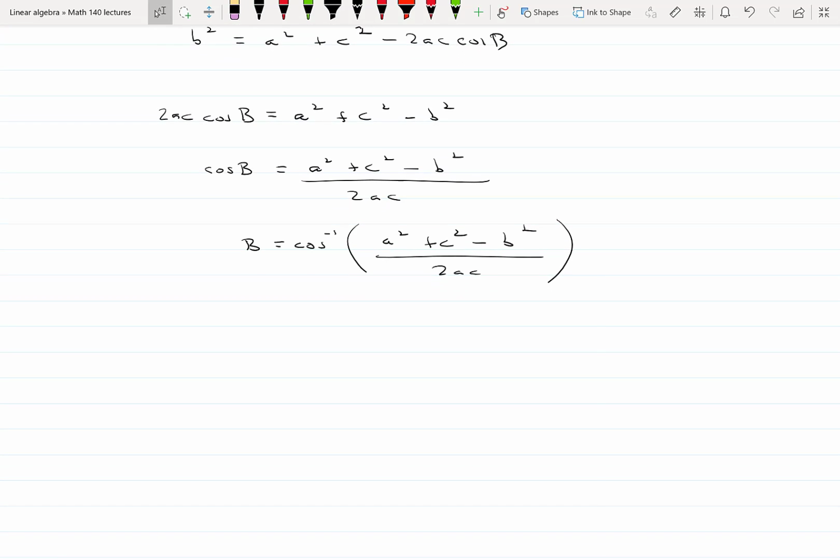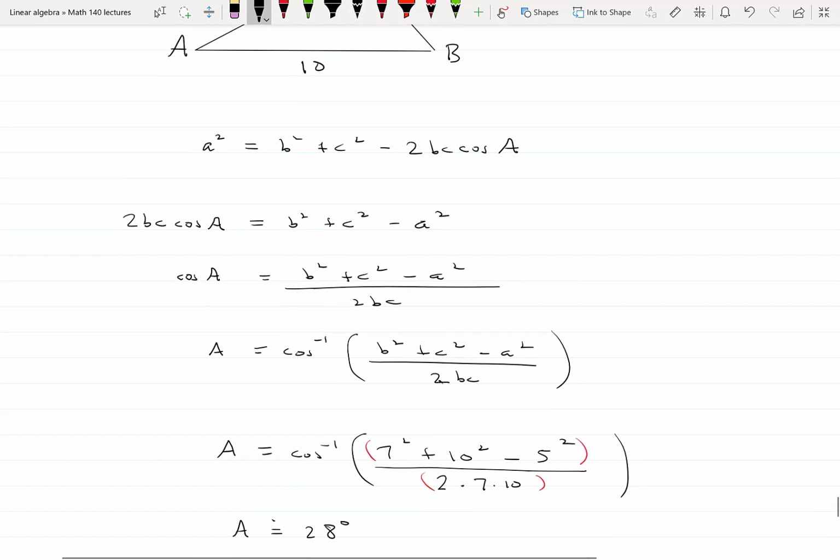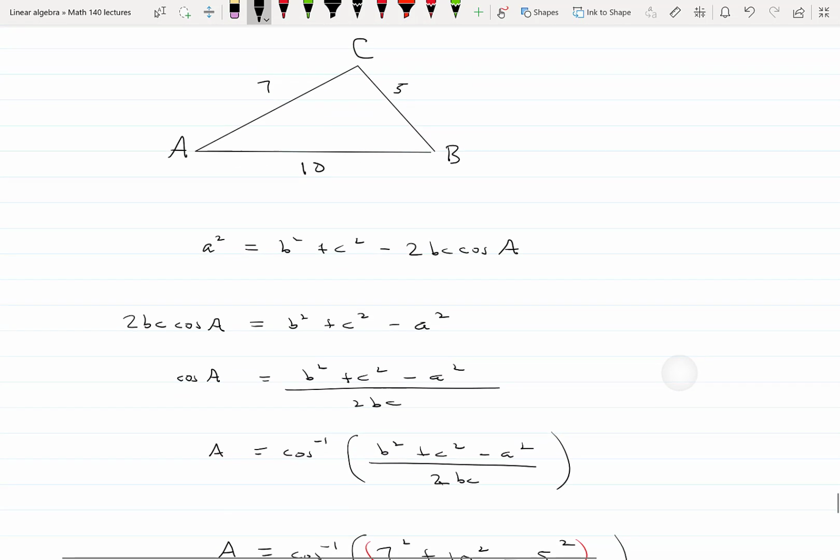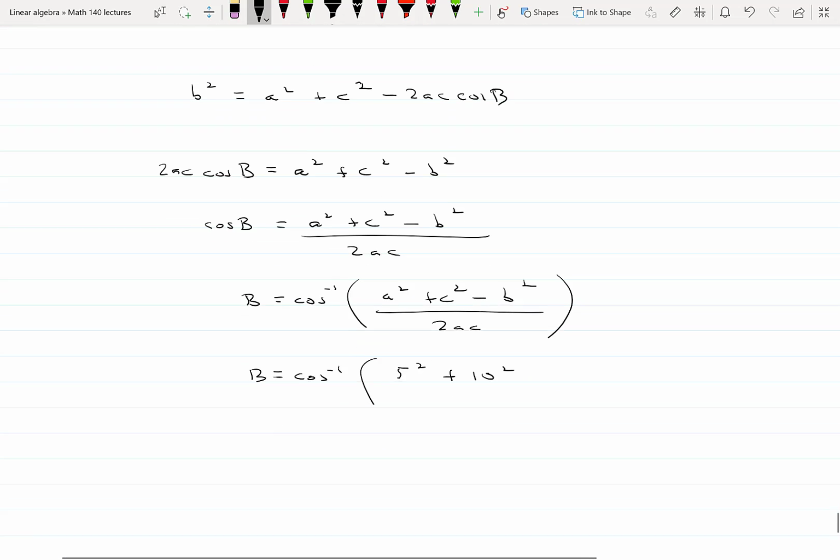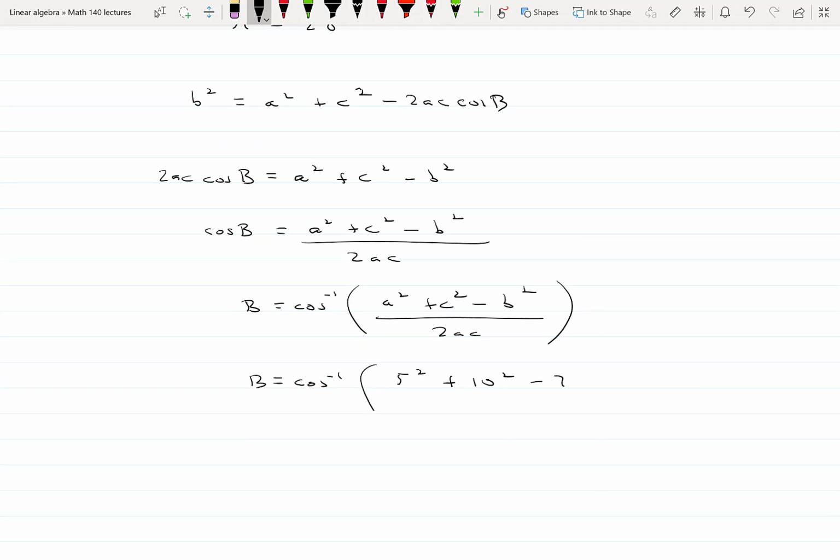So let's find B. B should equal the inverse cosine of a squared plus c squared, so 5 squared plus 10 squared, I think that was a and c, minus b squared, 7 squared, over 2 times 5 times 10, 2 times a times c.